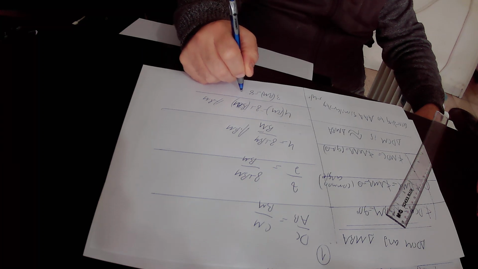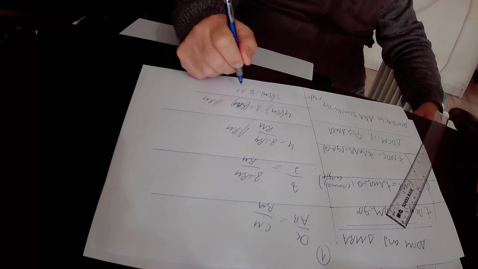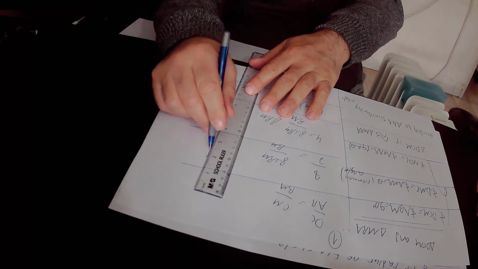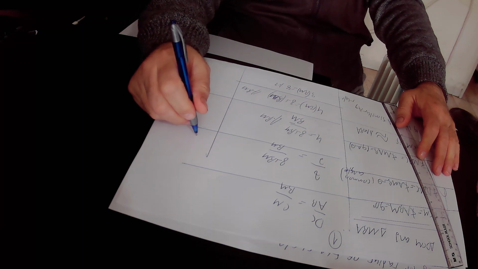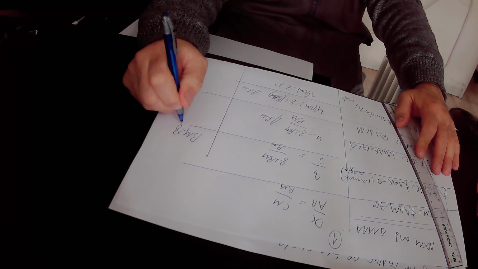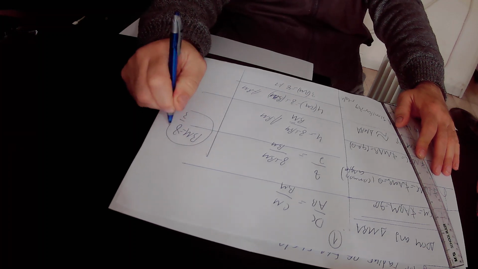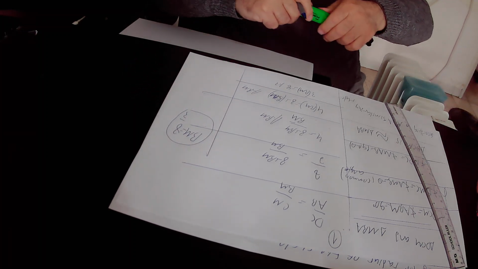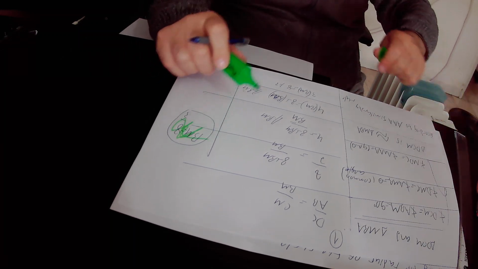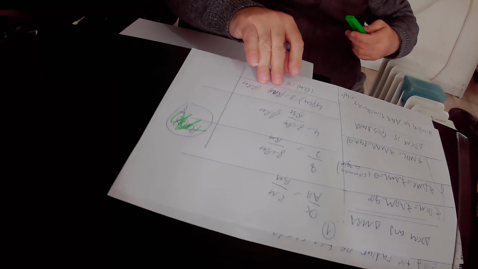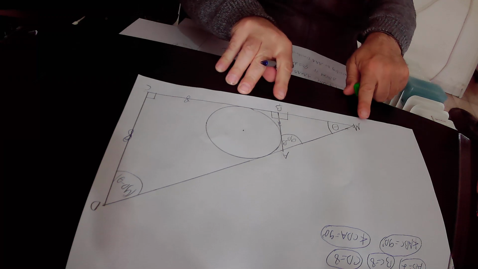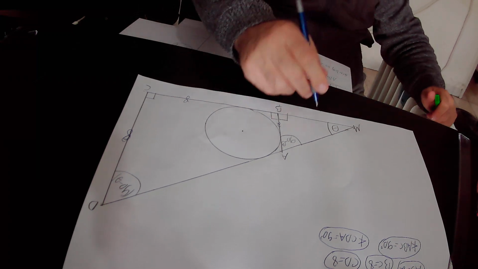Here we divide this equation by 3, and finally we get that BM equals 8 over 3 units in length. BM equals 8 over 3. So I can write down in the original drawing that BM equals 8 over 3. This line segment BM equals 8 over 3 units in length.